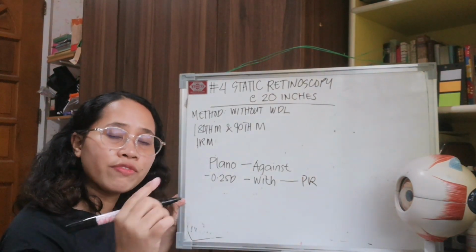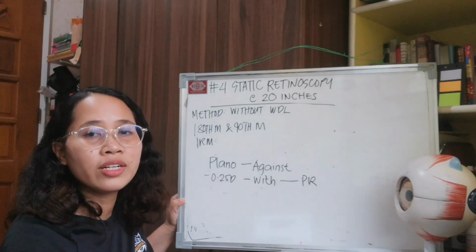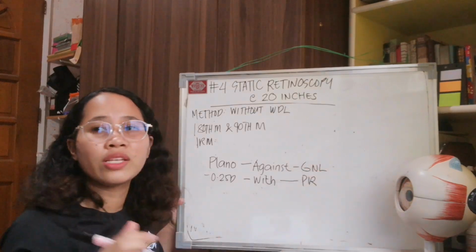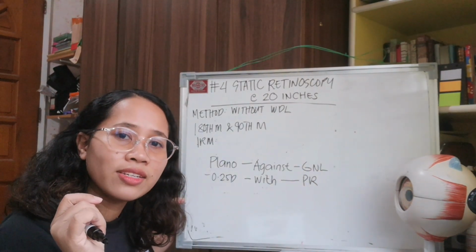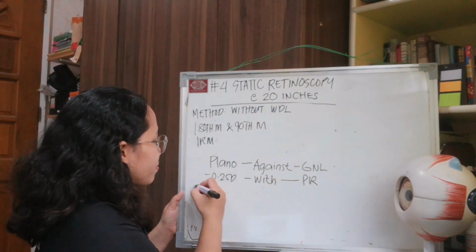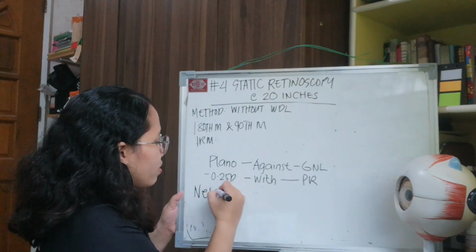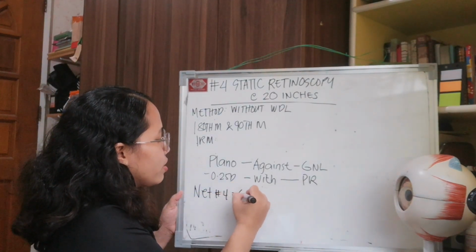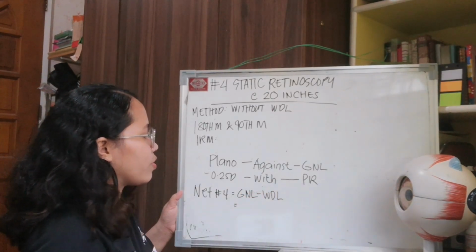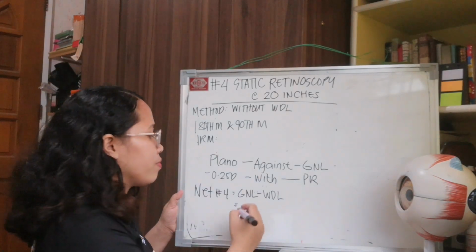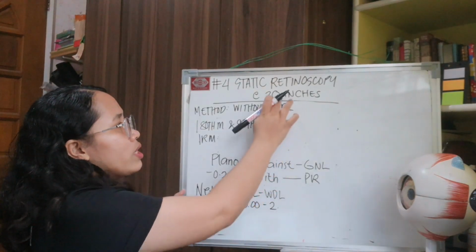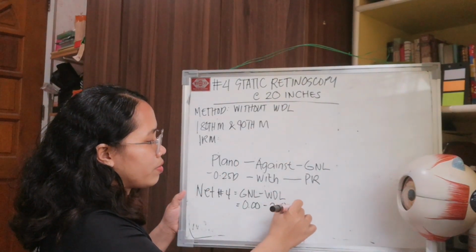And the lens before your PR is your GNL. What is the meaning of GNL again? It's gross neutralizing lens. Very good. So we compute net number 4 equals GNL minus WDL. The GNL is plano or 0. Just write 0. And if we use the 20 inches, 2 diopters.